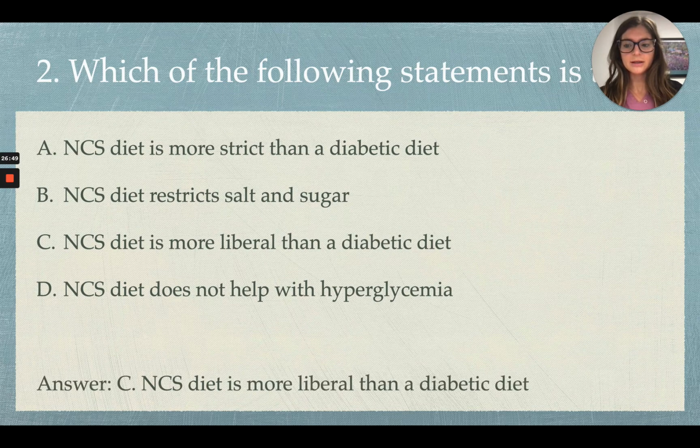The answer is C. A no concentrated sweets diet is more liberal than a diabetic diet. So this is the only true answer for this question.